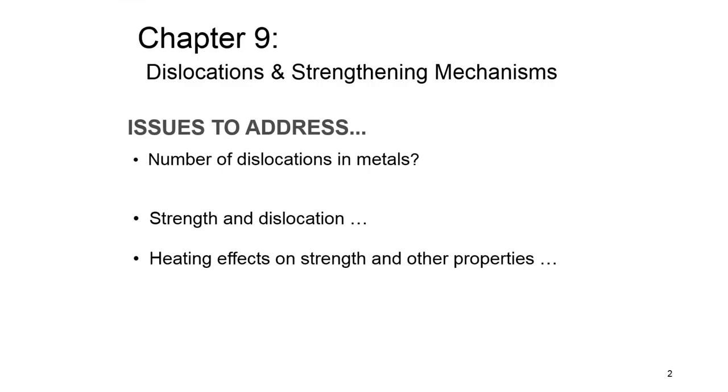Here we talk about why the number of dislocations present is greatest in metals. We'll talk about how strength and dislocation motion are related, and why heating alters strength and other properties.